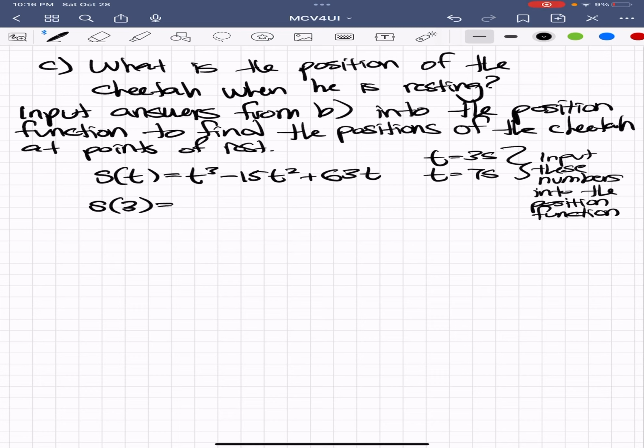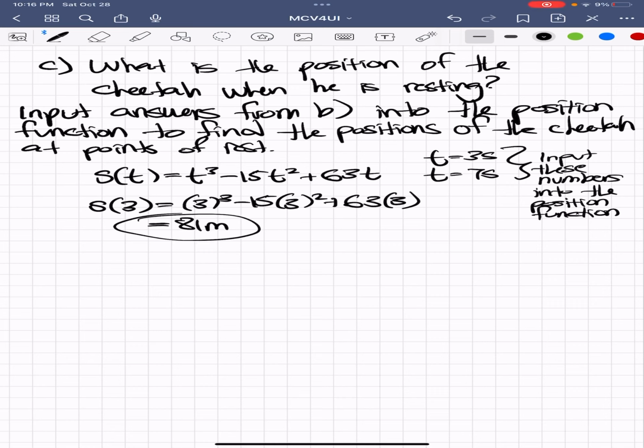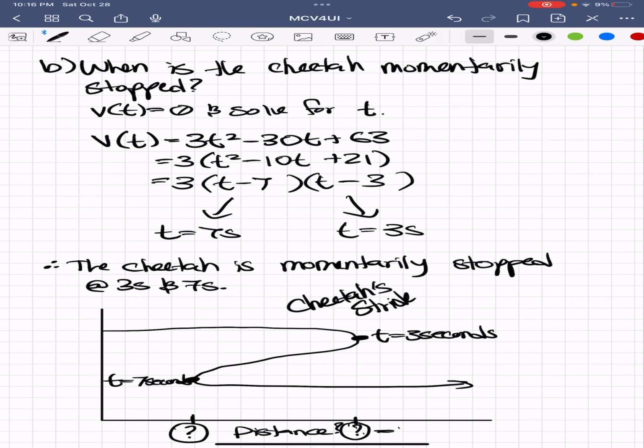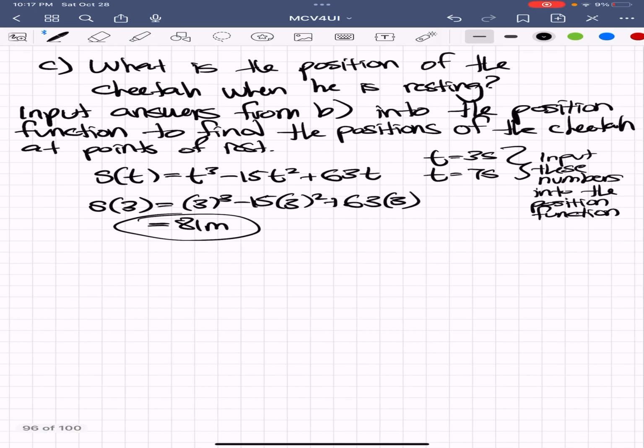So S of 3 is 81 meters. So this right here, 81 meters, so that's t equals 3 seconds, and the distance attached to that is 81 meters.